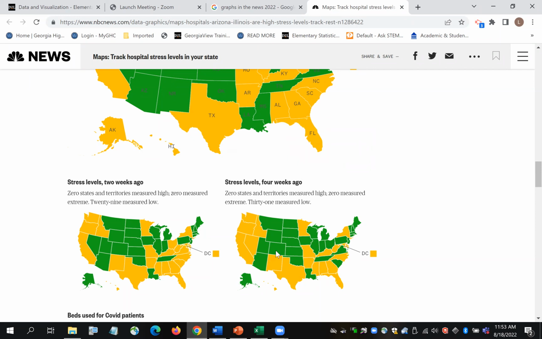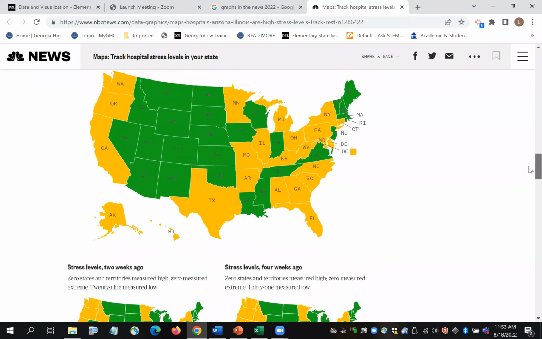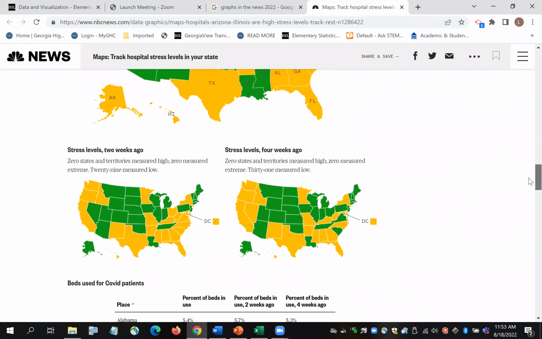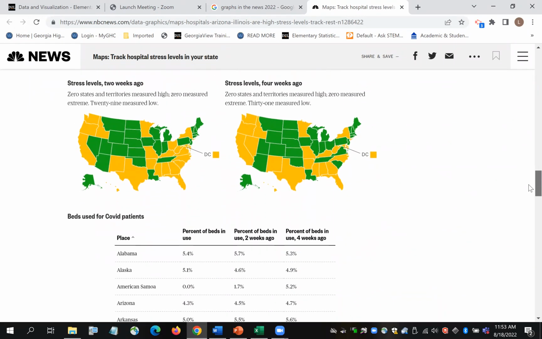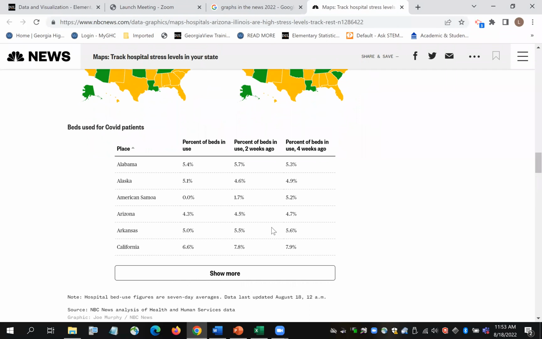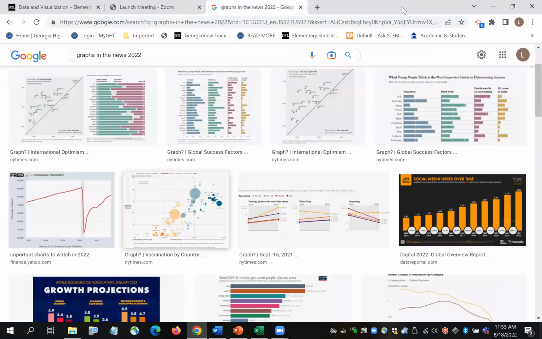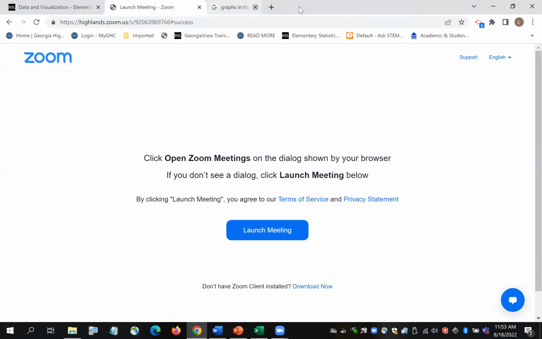So you can begin to make comparisons to see how things change and what that might imply. They also put this information in a table form and give you percentages. So there are lots of different graphs that can be created, but they don't have to be fancy.